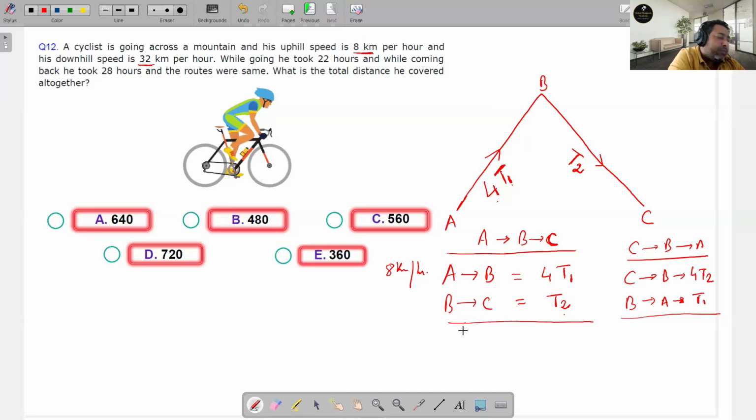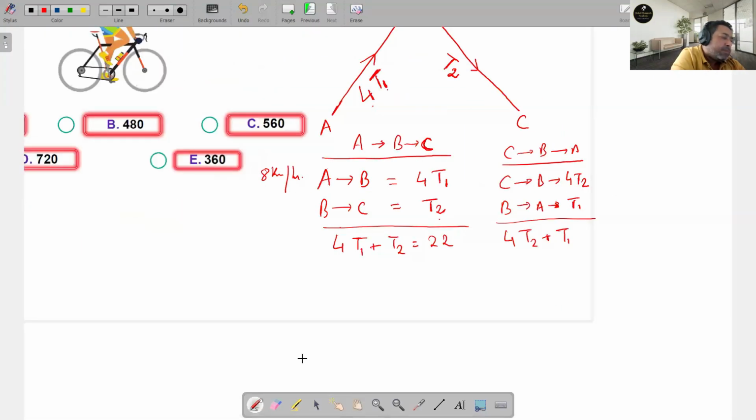So here the total time, as we see, 4t1 plus t2 is given as 22. And here we see 4t2 plus t1 is given as 28.